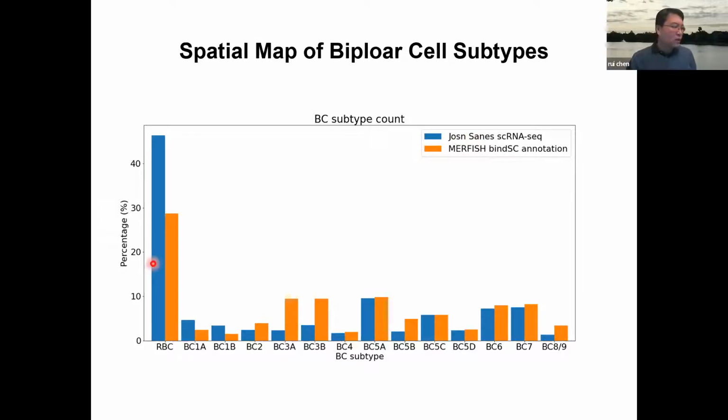As you can see, the proportion of our bipolar cells is quite consistent with the RNA-seq, which is slightly lower for the rod bipolar cells, while the others are quite similar. We're not sure exactly why the difference is there. I think partially because of the data, but partially it could be a slightly different mouse or technology used. But overall, the trend is quite similar.